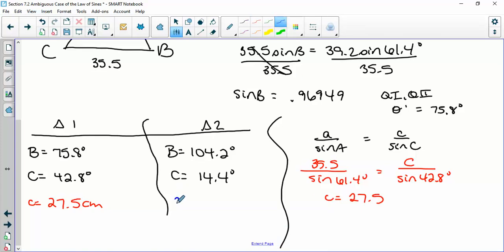But we also need side C in the second triangle. So the exact same setup. Side A was 35.5 divided by the sine of 61.4 equals side C divided by the sine, but this time angle C was 14.4 degrees.